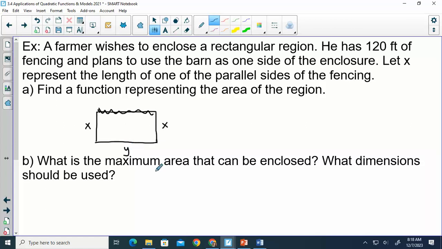So if I called it Y. So if I add all 3 of those together, it equals 120 because we have 120 feet of fence. Can we solve problems with both X's and Y's? No. So let's figure out what Y is here.